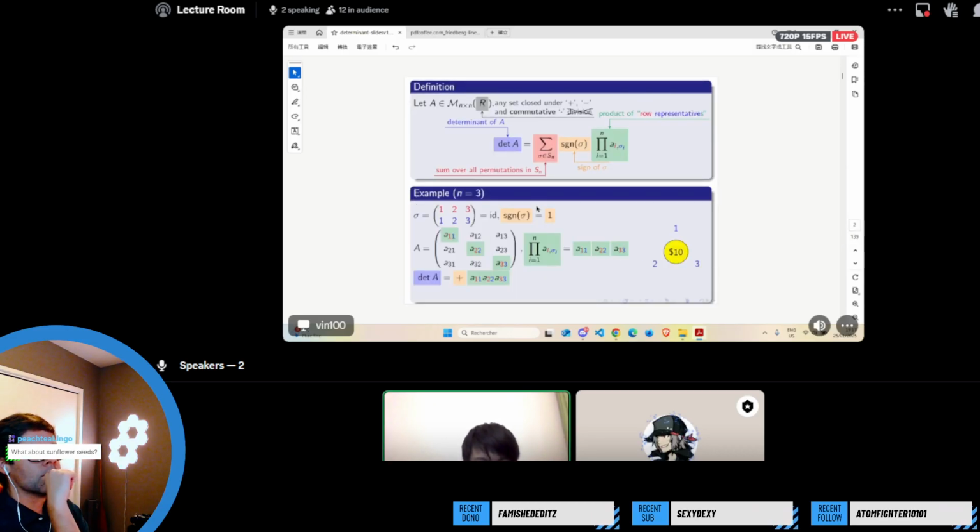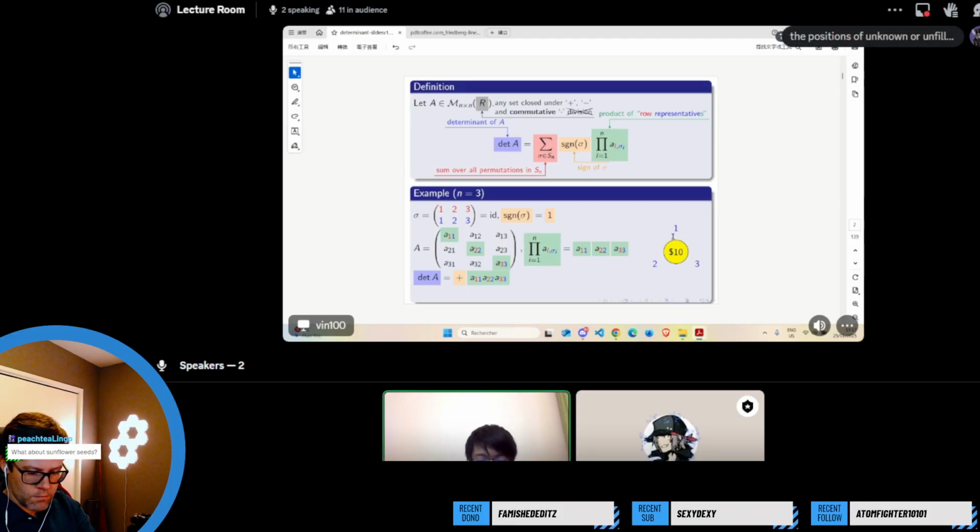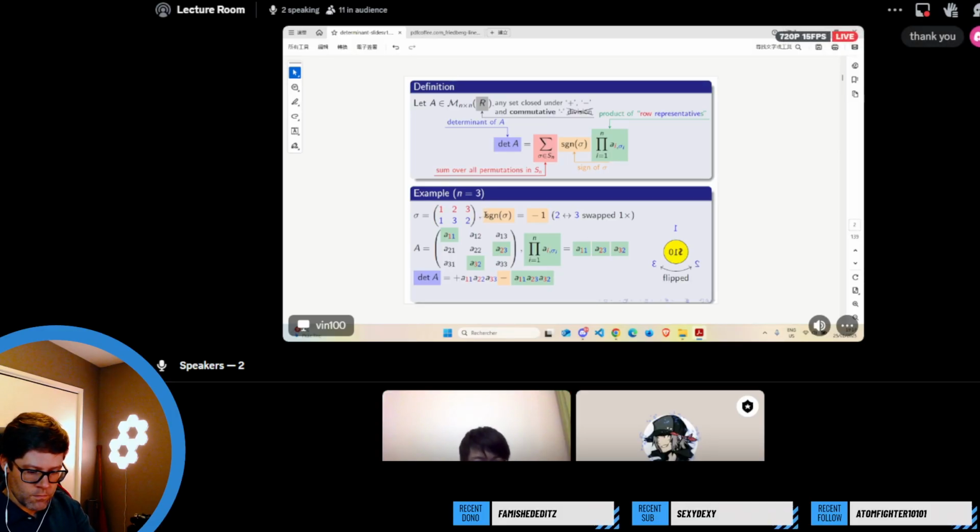Okay, and then before I proceed, let me give you a not so complicated but not so easy example. That's the rule of Cyrus. Imagine that you have a coin, and we mark 3 points, 1, 2, 3. If we swap the number 2 and number 3, the coin will be reversed, and its sign is -1.